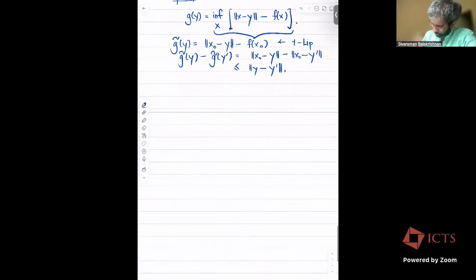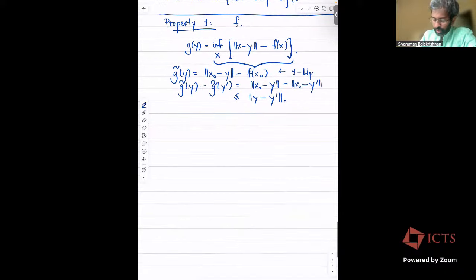So you can convince yourself that this is an infimum of a bunch of functions, each of them is one Lipschitz, and then you can check that the infimum of a bunch of one Lipschitz functions is also one Lipschitz. I'll not verify the second part for you, but the conclusion is just because you're taking the pointwise infimum of a bunch of one Lipschitz functions, the conclusion is that g, which is the C transform of f, is always one Lipschitz.